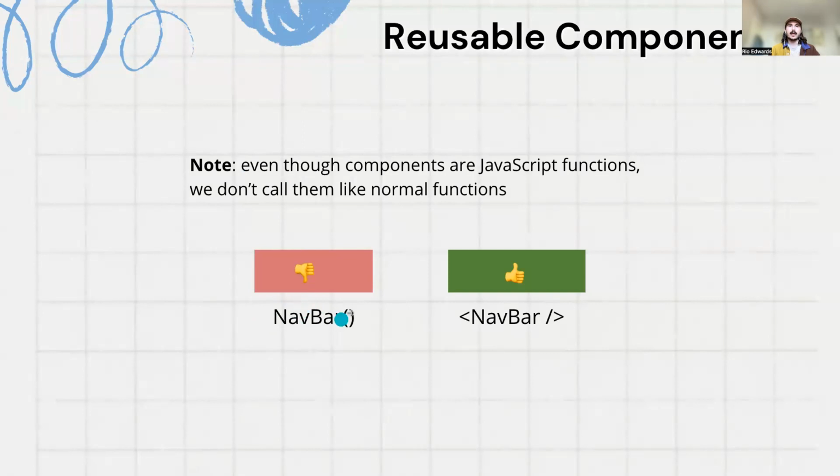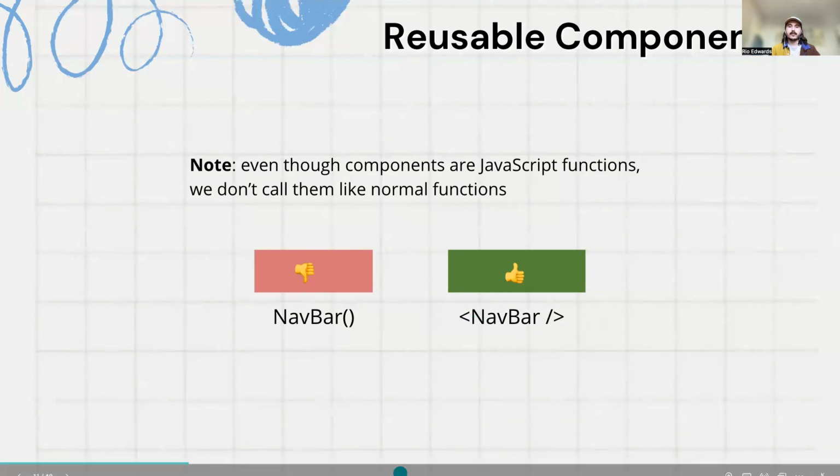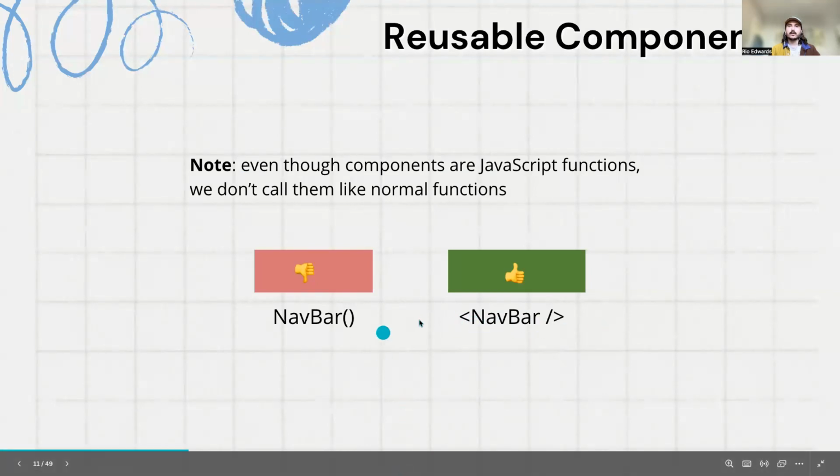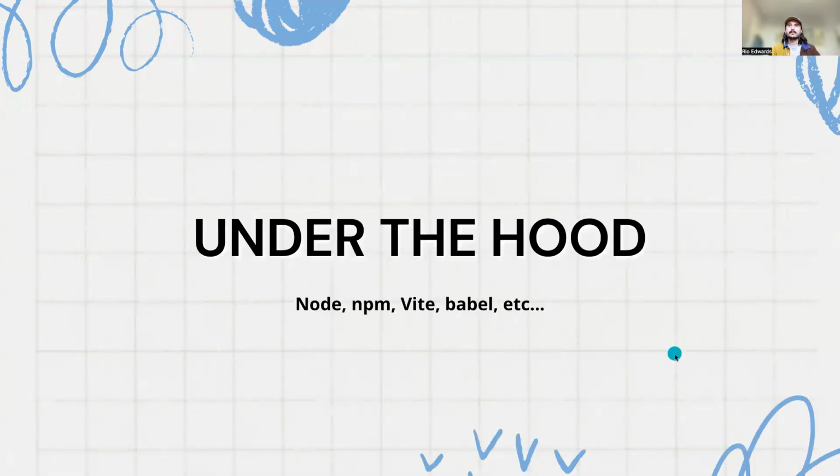We export our navbar function, and then we want to call our navbar function. This is not the syntax that we would use in React. In the world of React, even though it's a function, we call it like that. So this is the React way of using a component, even though it looks like a function. That's how you use it.